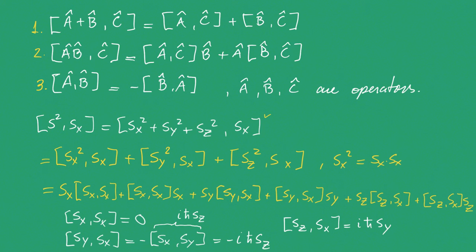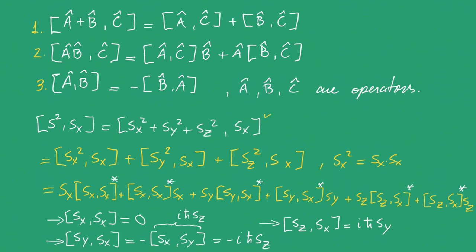With these results in mind, we can simplify this long expression because we now know the value for each commutator. For this commutator, it is 0. We know the value for this commutator and this commutator. It is minus i h bar Sz. And for the last two commutators, it equals i h bar Sy.